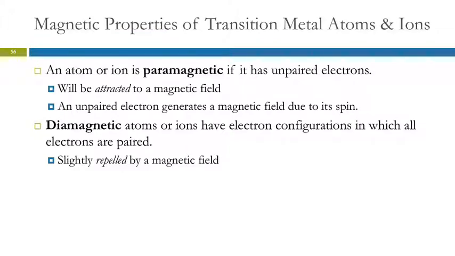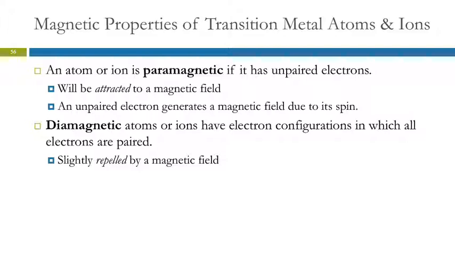Magnetic properties. Some metals are attracted to magnets and some are not, right? You ever tried to stick a magnet on something that's aluminum? It won't stick. But it'll stick to iron. They're both metals. What's up with that? It has to do with unpaired electrons. We say that an atom or an ion is paramagnetic if it has some unpaired electrons, at least one.